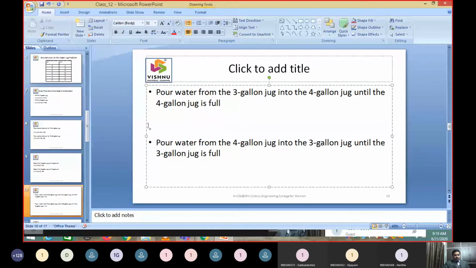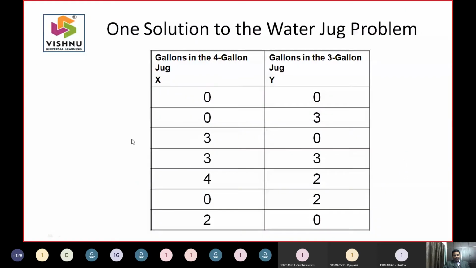If you go to the earlier slide that I discussed here, these are the two states I am referring to. From 3,3, how do you get this 4,2? What rule will make you get this 4,2, once the current state is 3,3?